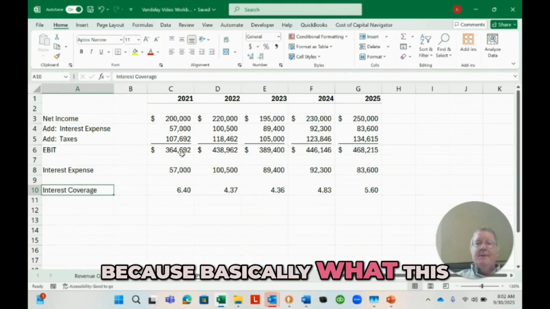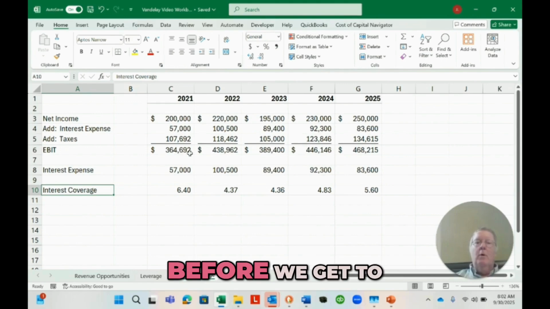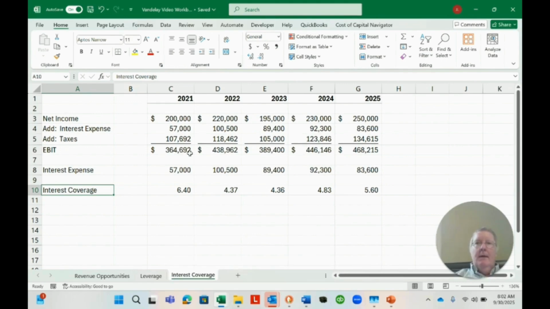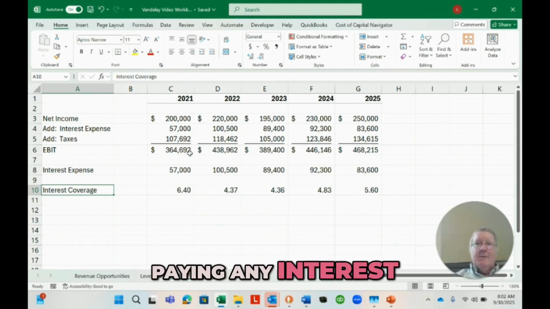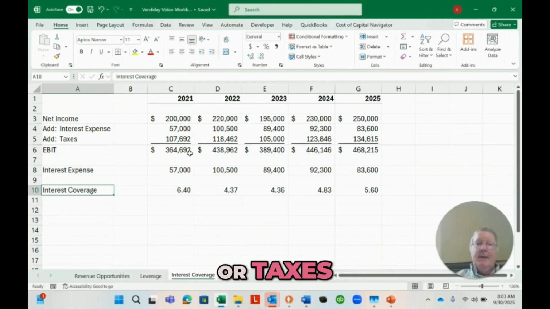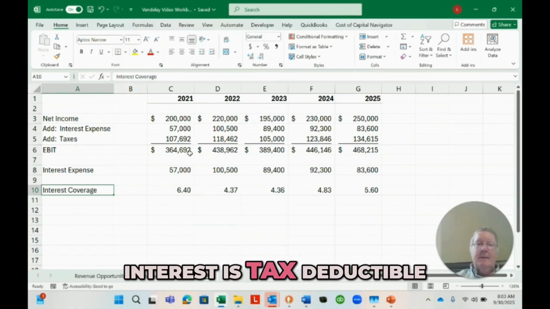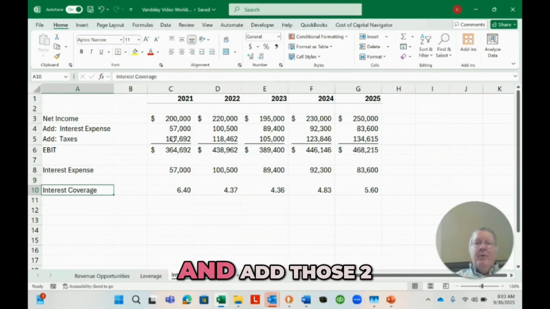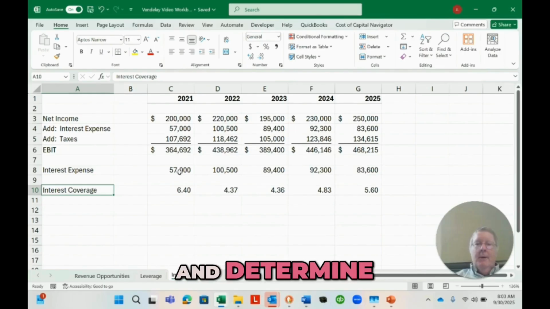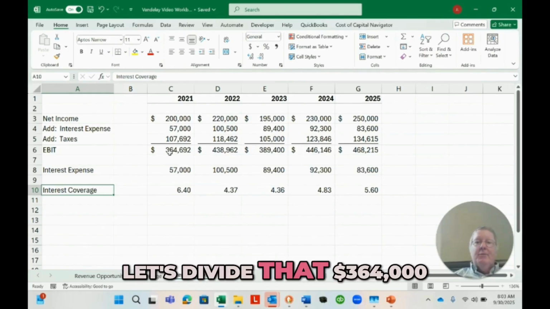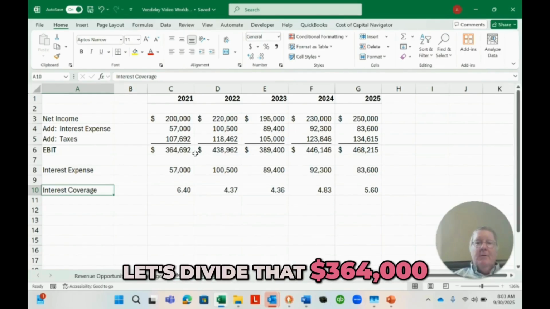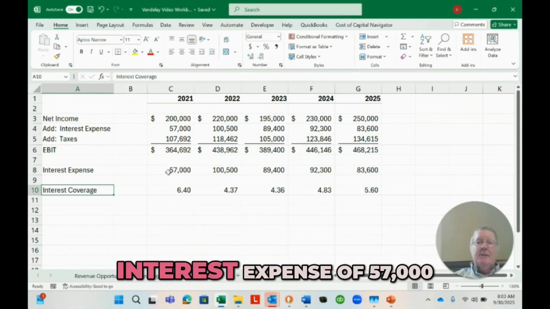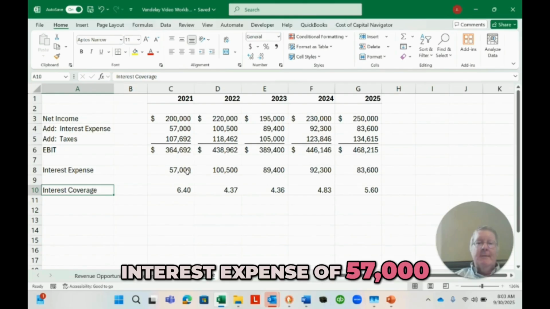Because basically what this is saying is, before we get to paying any interest or taxes, because remember, interest is tax deductible, we want to add those two components back to our net income and determine, okay, let's divide that $364,000 in EBIT by our interest expense of $57,000.